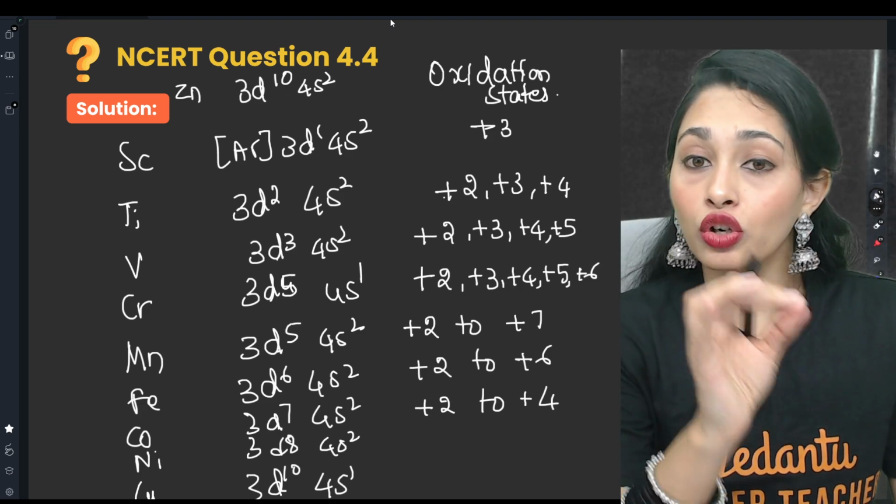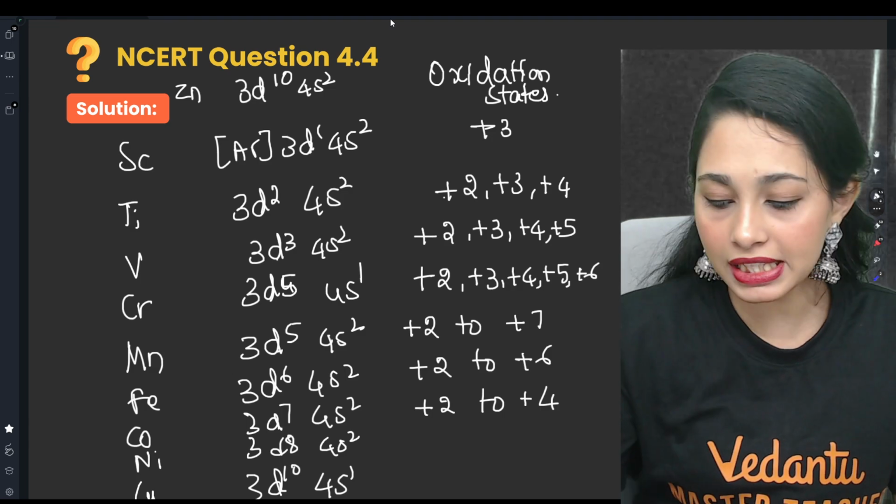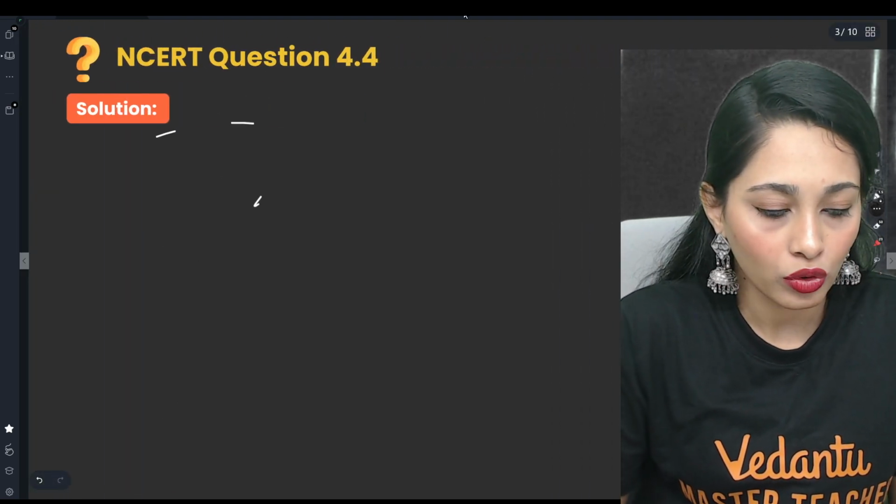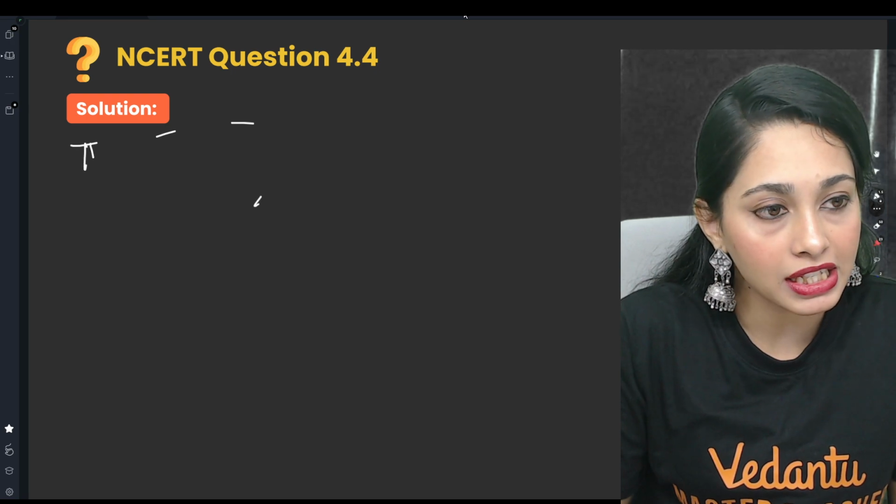If you see the electronic configuration of all the metals here, what can we deduce?